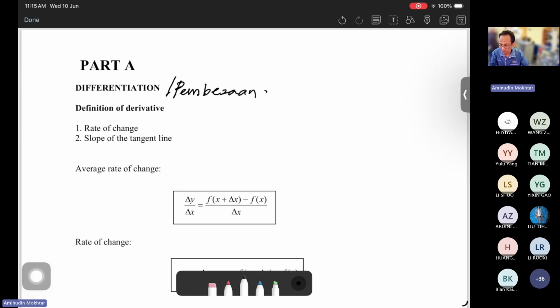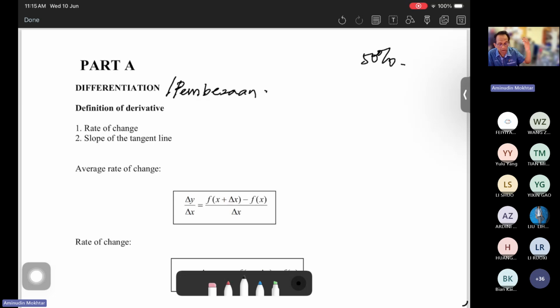For the mid test, the passing mark is 50%. So in other words, you must get at least 50% in order to pass.